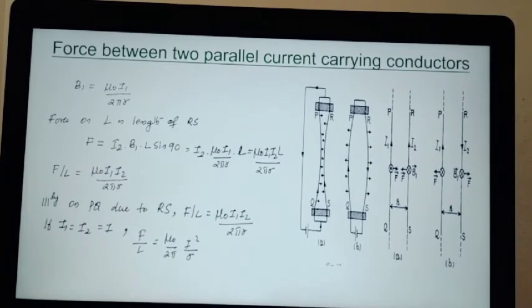Both the forces are calculated using Fleming's left hand rule, that you can apply by yourself, and you can find both are acting towards each other, which means when two current carrying conductors are placed parallel to each other, they will attract when the current flowing through them is in the same direction. In other words, we can say two similar currents are attracting.